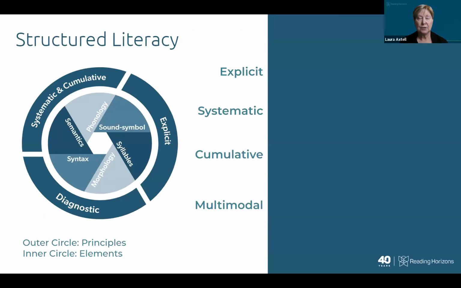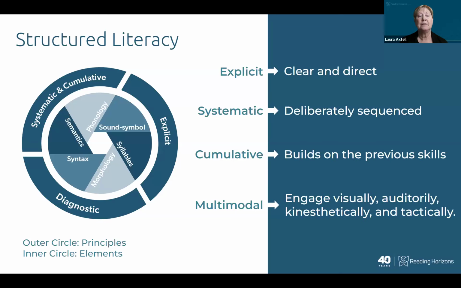When we talk about structured literacy, because that's specifically what we're talking about today, but this could relate to math as well. Structured literacy is a process, an approach, a way of bringing the science of reading into the classroom. So that outer ring are the principles of structured literacy, which are explicit, systematic, cumulative, and multimodal.